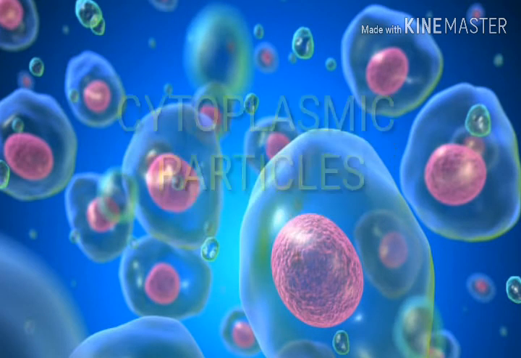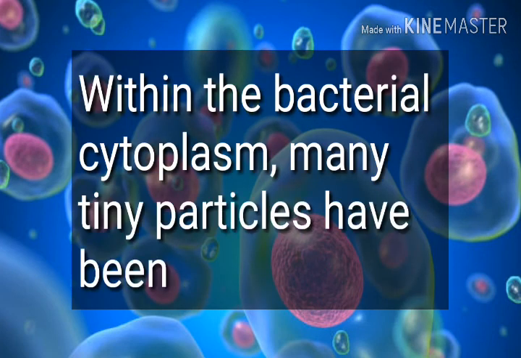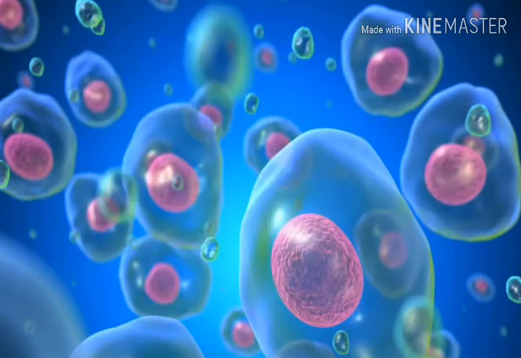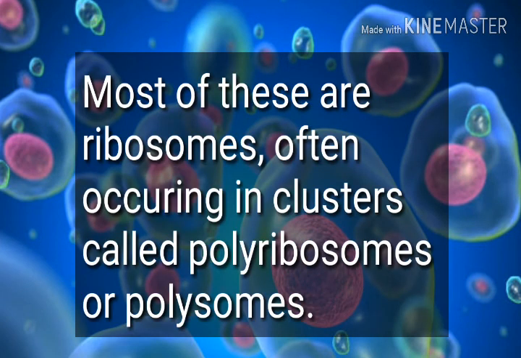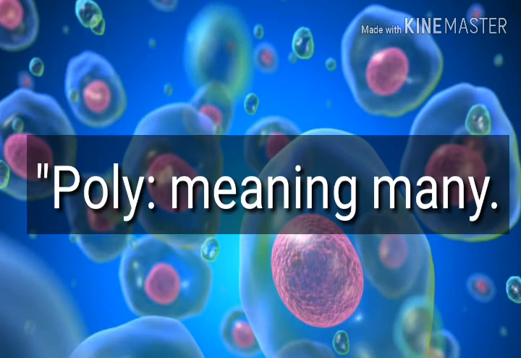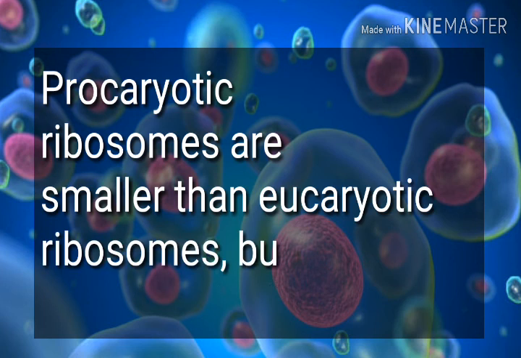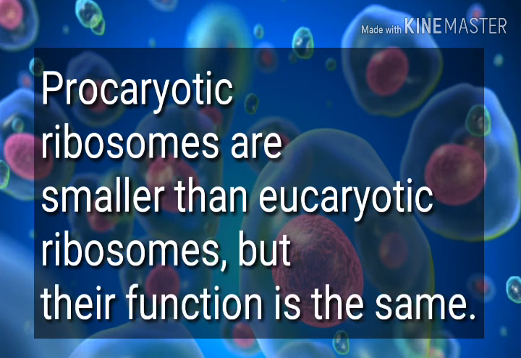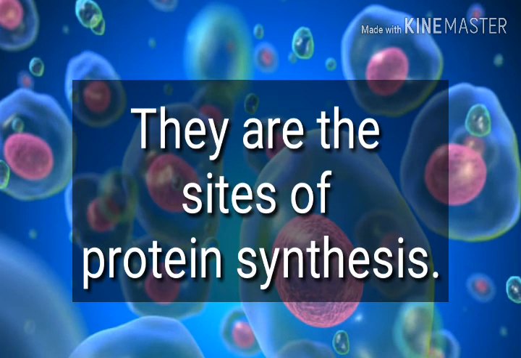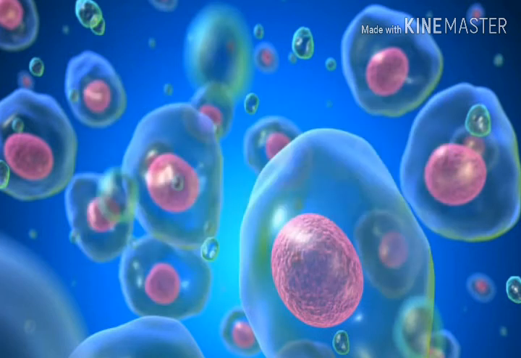Cytoplasmic particles. Within the bacterial cytoplasm, many tiny particles have been observed. Most of these are ribosomes, often occurring in clusters called polyribosomes or polysomes, poly meaning many. Prokaryotic ribosomes are smaller than eukaryotic ribosomes, but their function is the same. They are the site of protein synthesis.